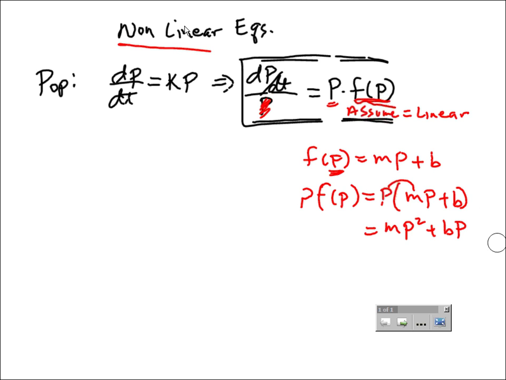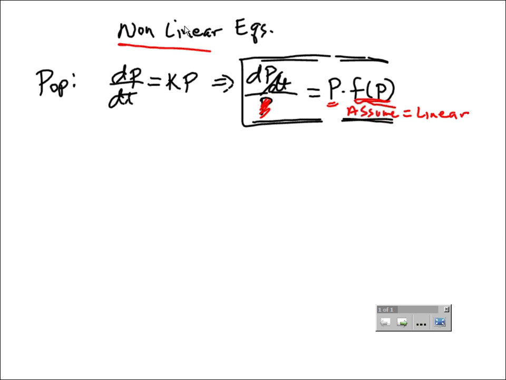But let us assume that f of p is linear. But that equation in this box is nonlinear, because this is not linear. Okay.